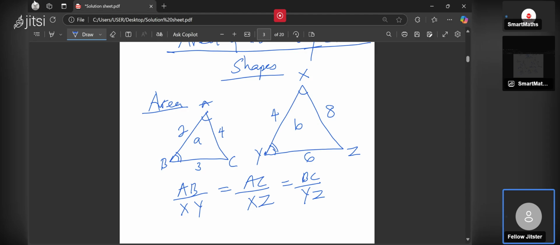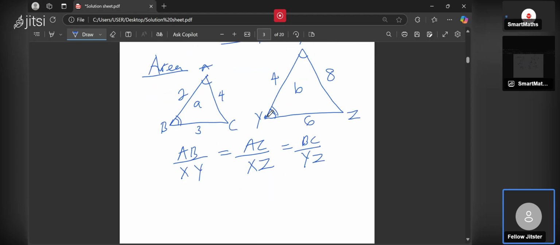So the scale factor used there is 1 over 2, or 2, because AB over XY gives us 2 over 4, which is 1 over 2. That is the same thing as XY over AB, 4 over 2, which is 2 over 1, equal to 2. To get the enlargement, the scale factor used to enlarge this triangle is 2.